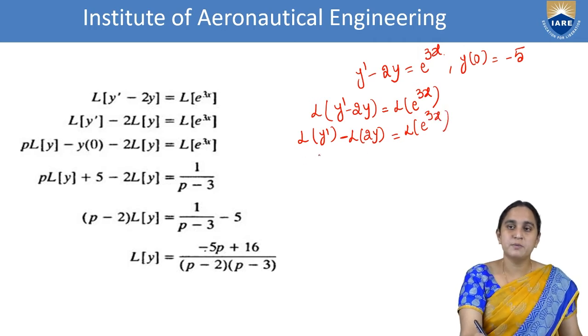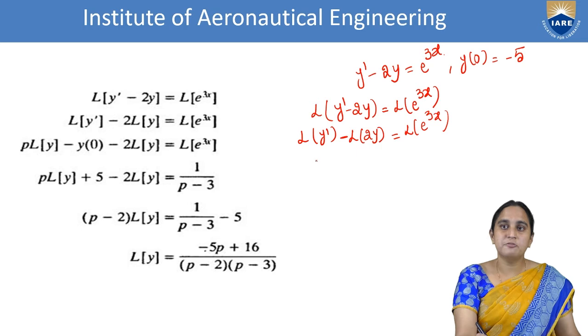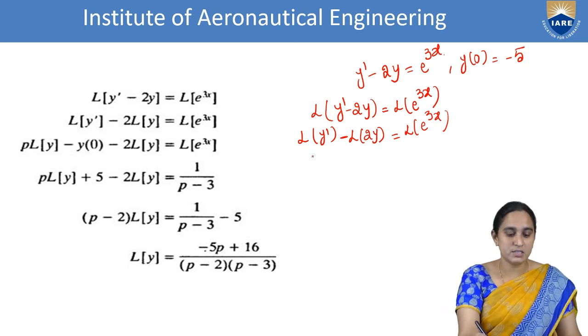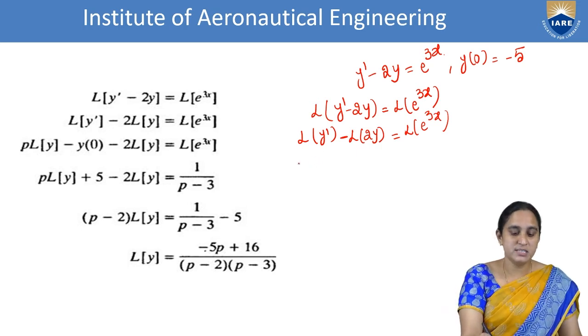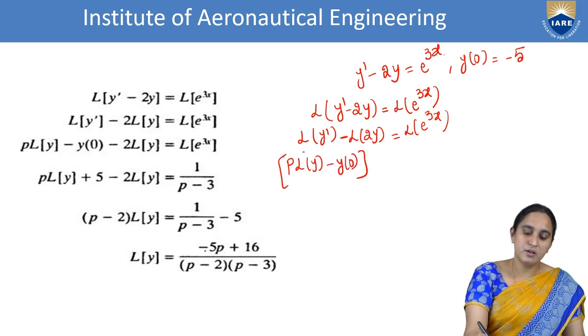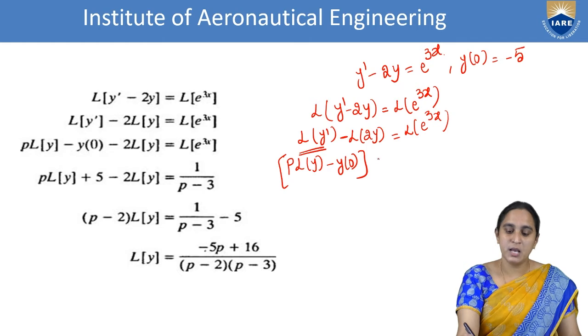Already I discussed in the previous slide what the formula of Laplace of y' is. Laplace of y' is p times L of y minus y(0). This is the formula for Laplace of y'.